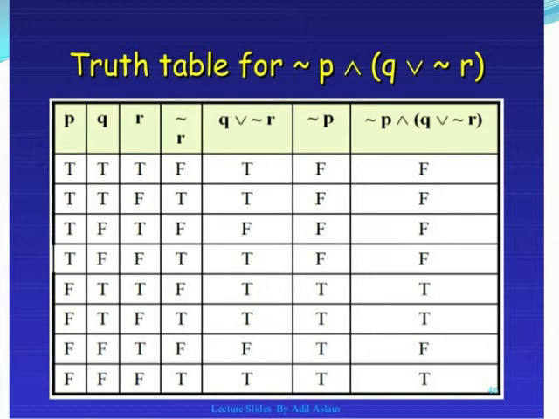So here we have the columns for P, Q, R, then negation R, then negation P, then Q disjunction negation R, and finally the last column will be negation P conjunction Q disjunction negation R. So P, Q, R will have the truth values.